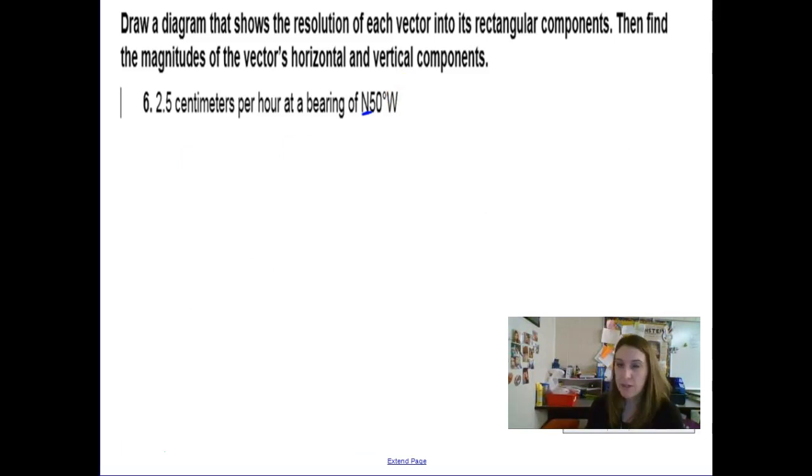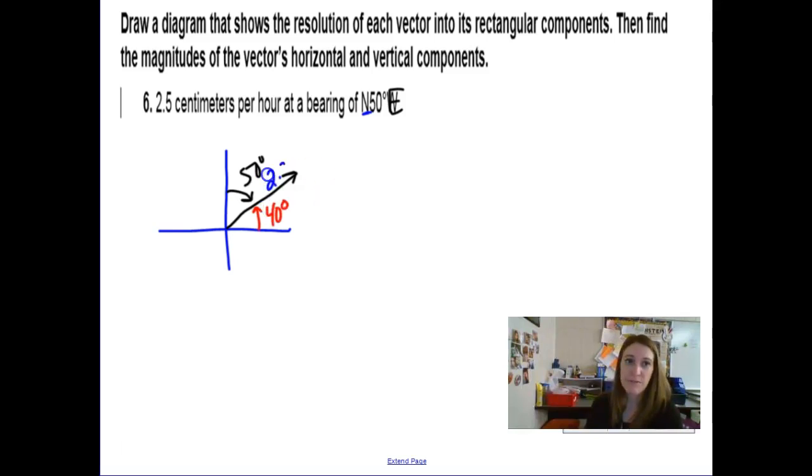So that would have been the right way to do that question, but if I look on your paper, this has been changed to east. So that is a big difference, guys. Look at this. Still starting at north, but now we're going 50 degrees east. So like here. Okay. Now, if I think about what angle they want, this angle, which is a 40-degree angle. The magnitude is still 2.5.